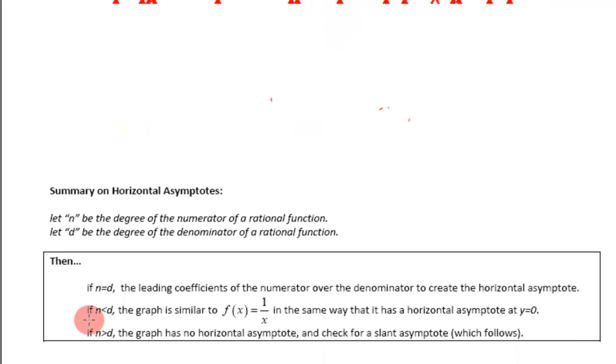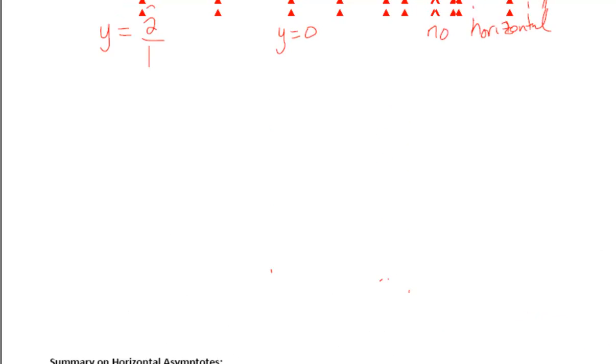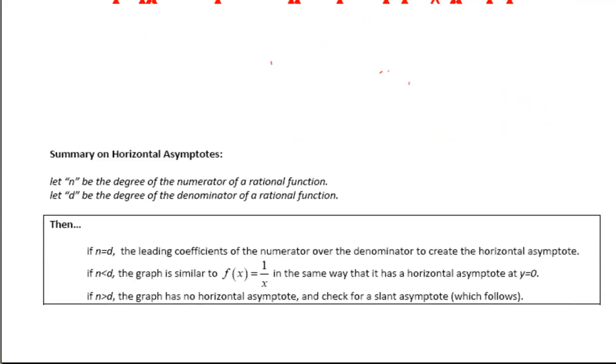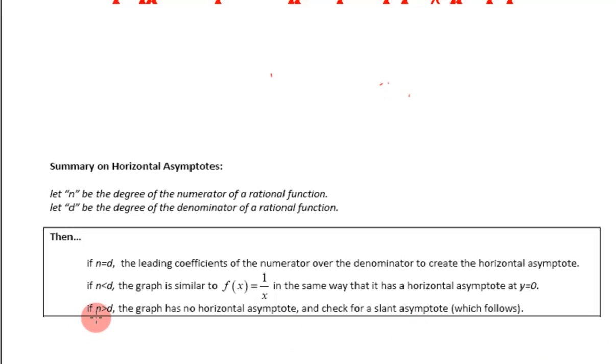If the degree of the numerator is less than that of the denominator, it's basically the same as the graph of 1 over x, where you have a horizontal asymptote at y equals 0. So degree of numerator less than degree of denominator, we have y equals 0. The third case is that the numerator is actually greater than the denominator, and there is no horizontal asymptote, and then you need to check for slant asymptotes.